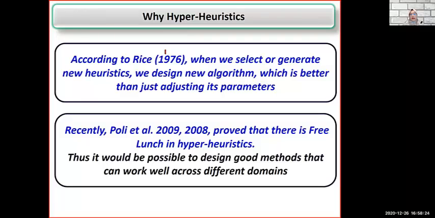Actually, there is the no free lunch theorem that no one heuristic can work well across various problems. That means a certain heuristic only works well on a certain domain, but it might not be good in another domain. So this is the no free lunch theorem. But hyper-heuristic is proven that it can work well across different problem domains.